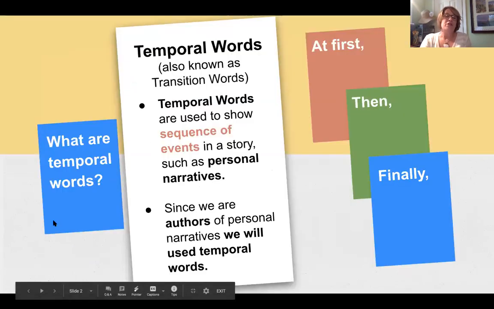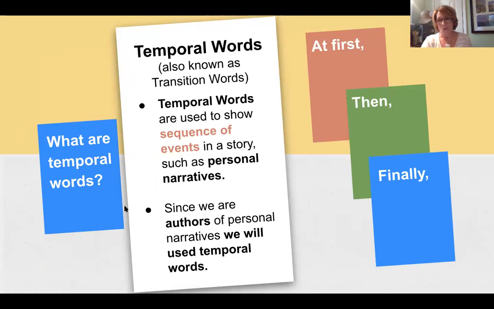Okay, first, I have a question right here, and that question is, what are temporal words? Well, here they are. Temporal words, also known as transition words, as I said, are used to show sequence of events. Yes, that's order, the order of the events in a story, such as a personal narrative.